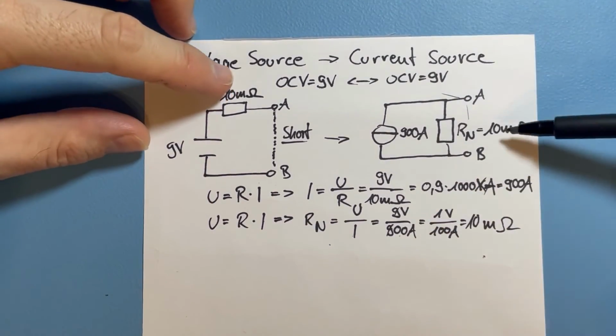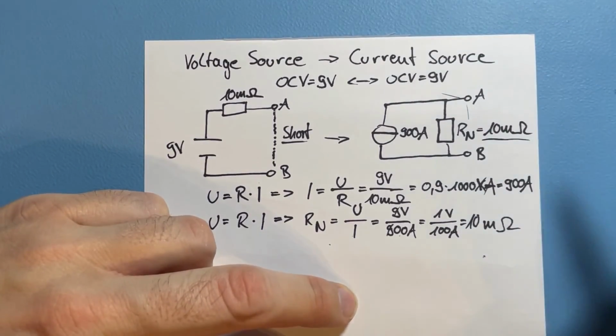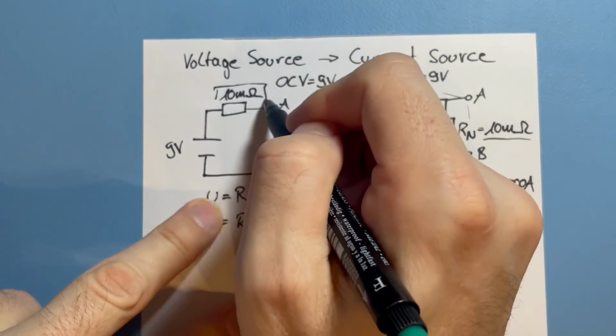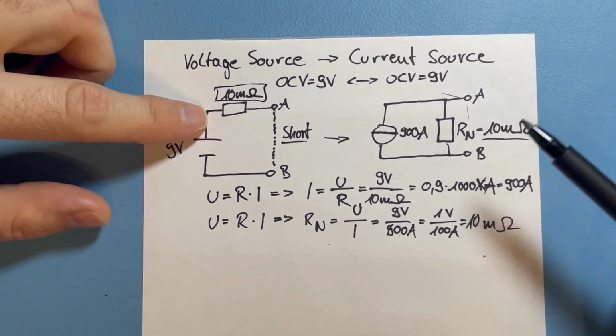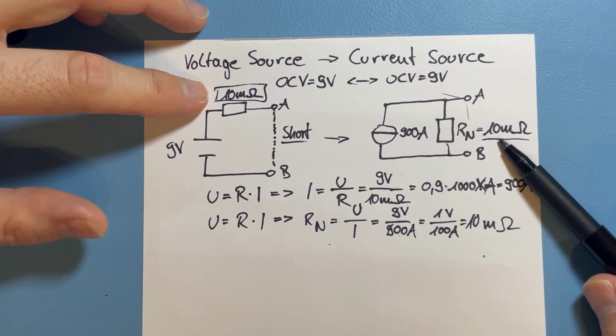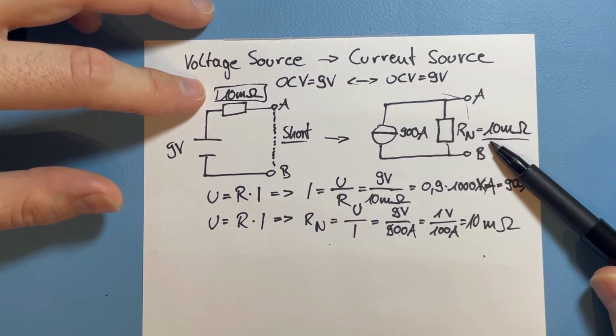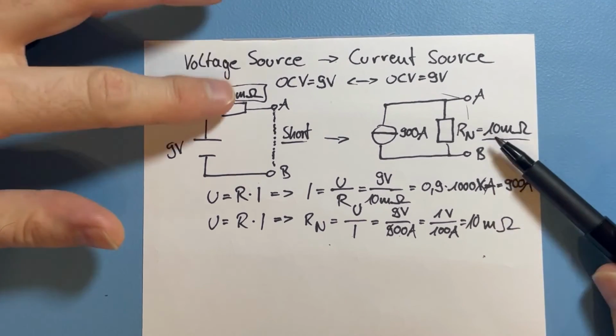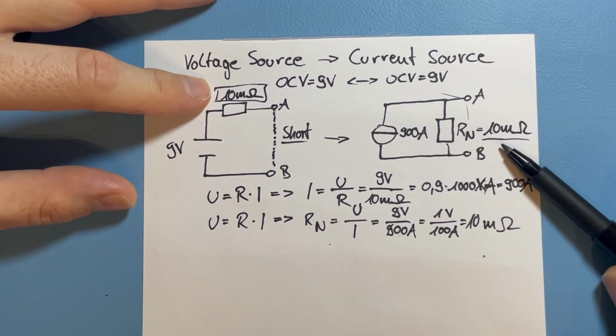And now this is suspicious because, okay, 10 milliohm, we already had here 10 milliohm. And this is really a rule of thumb. If you convert a voltage source into a current source, these resistors are equal.